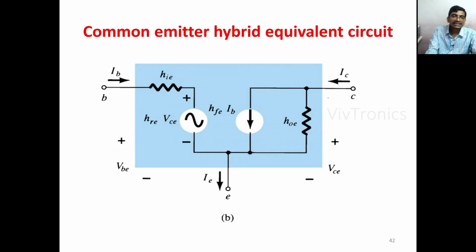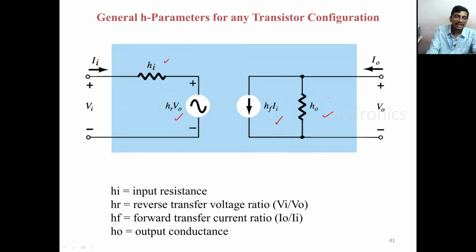The generalized H parameter equivalent circuit can be redrawn for the common emitter configuration. For all these, HI, HR, HF, HO, we will get one more suffix. If it is a CE configuration, it will get a suffix of small e. For CB configuration, it will get a suffix of small b.